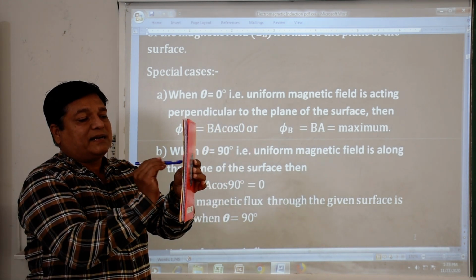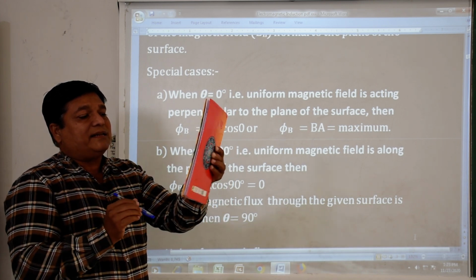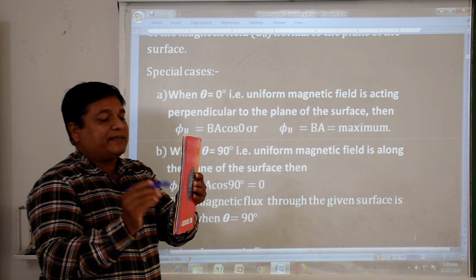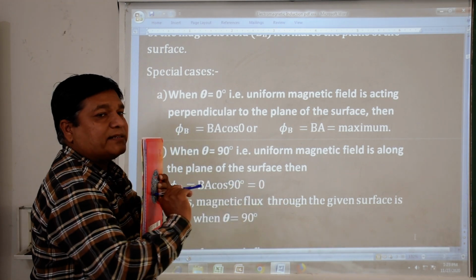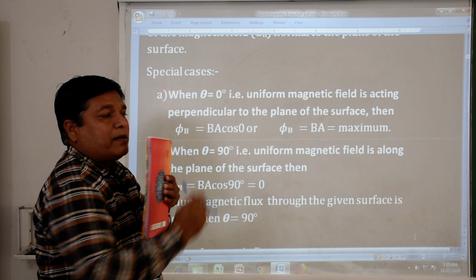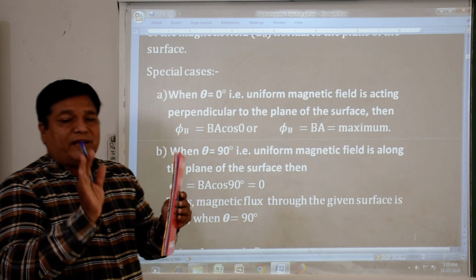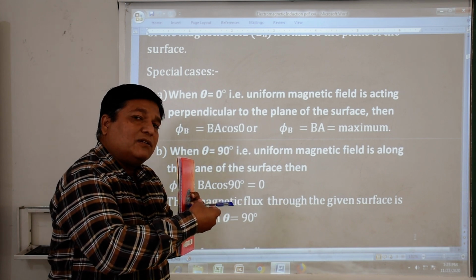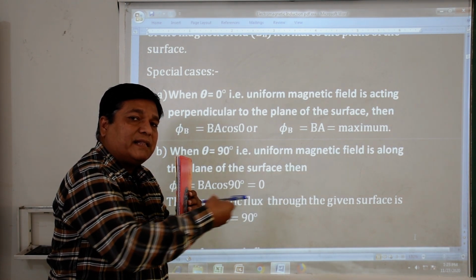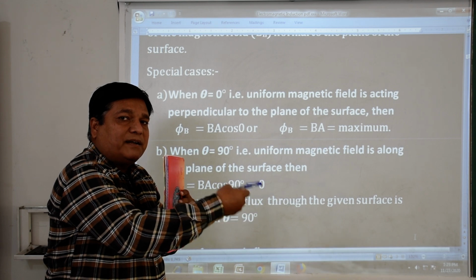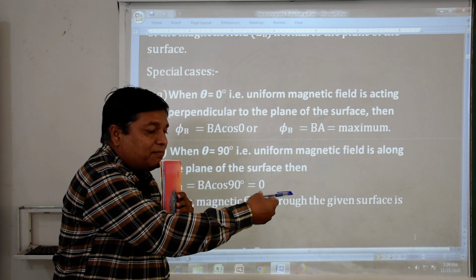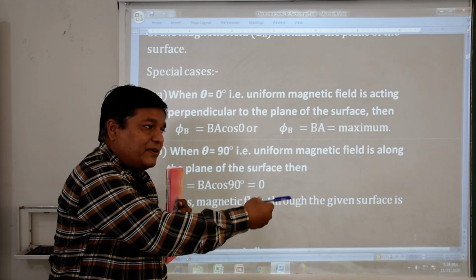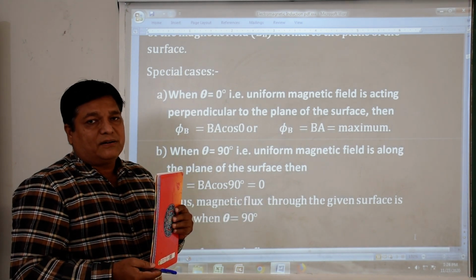The magnetic field is passing through this area, but what will be the direction of the area vector in this condition? The direction of the area vector is also perpendicular to the plane of the surface. It means that the angle between the area vector and the magnetic field line will be 0. Theta is equal to 0 degree.